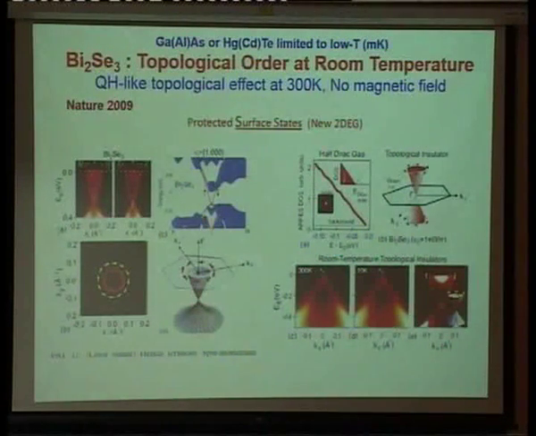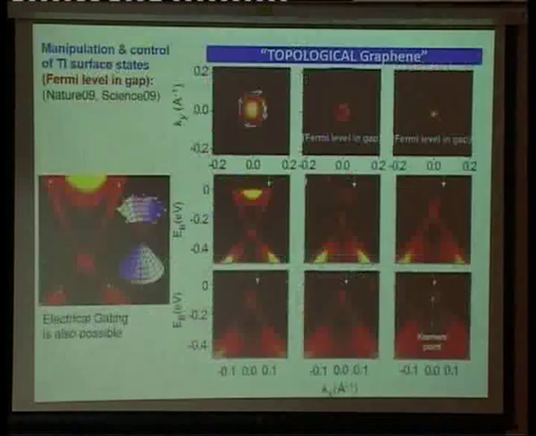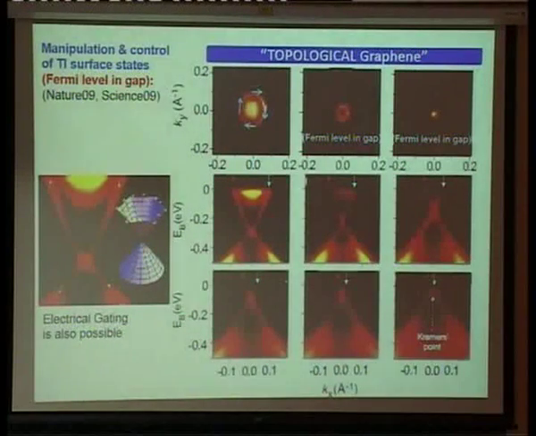So this is very exotic, from the point of view that this is a quantum Hall-like effect at 300 K, no magnetic field. So now it lifts many experimental limitations. Then there's an enormous playground that comes with it, and that's what I'm going to talk about mostly for the rest of my talk.